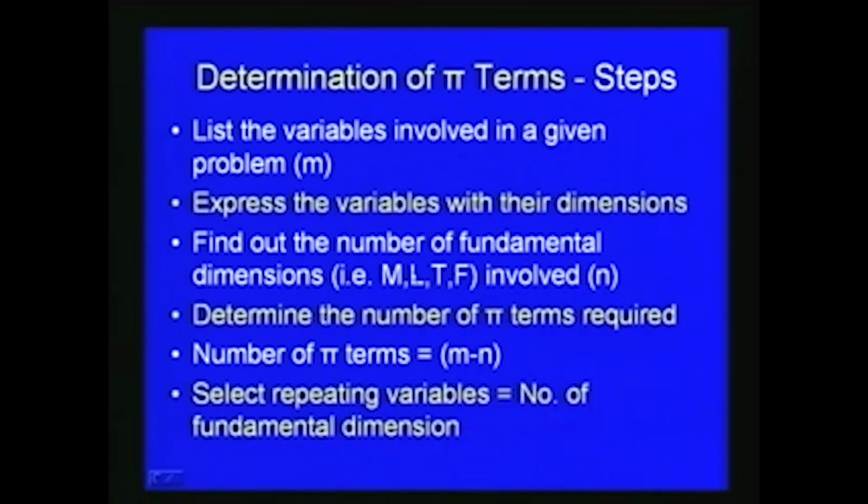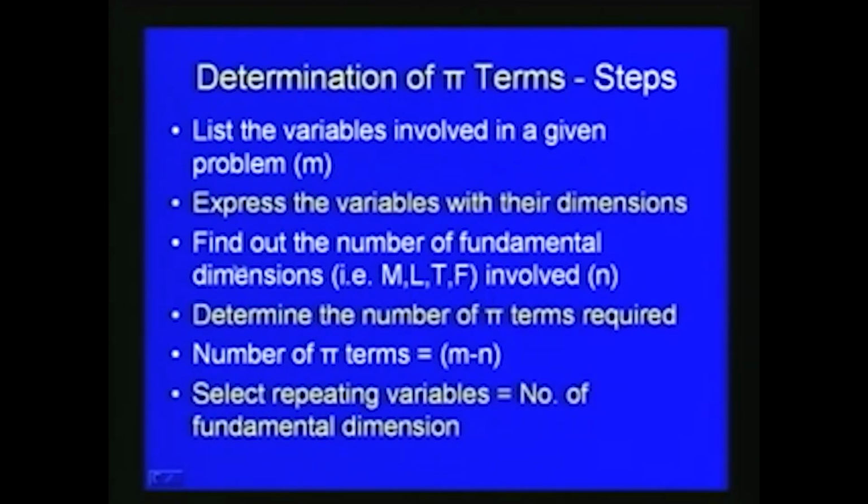Whether it is M L T or F L T, or if temperature is also involved, that also has to be identified. So, the third step is to find the number of fundamental dimensions, and the next step is to determine the number of pi terms required.